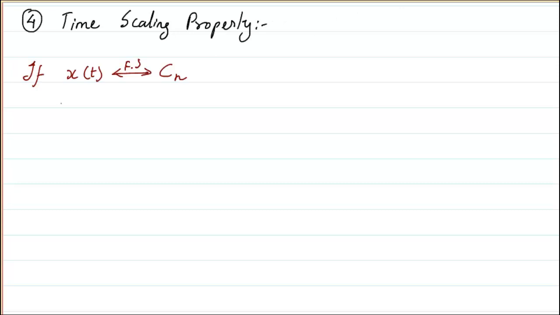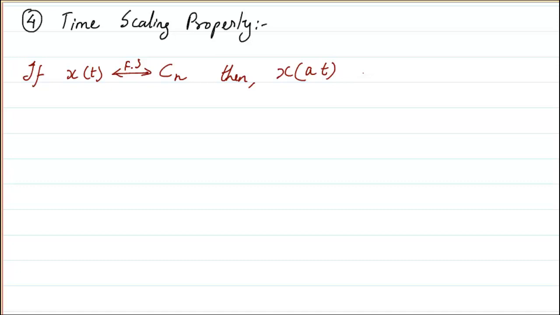The next property, or the fourth property that we will do, is time scaling property, which basically states that if x of t gives a Fourier series of c of n, then if you are going to take a time scaled function, so how do you time scale it?